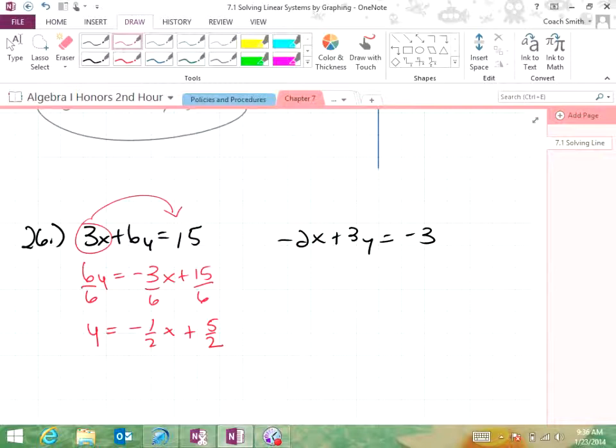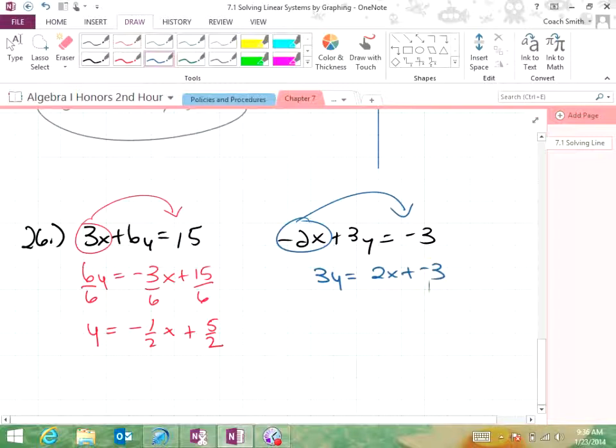Then we got to solve the second one. Take that over there, it becomes a positive 2x, so you have 3y is equal to 2x plus negative 3. Divide by 3, divide by 3, divide by 3.